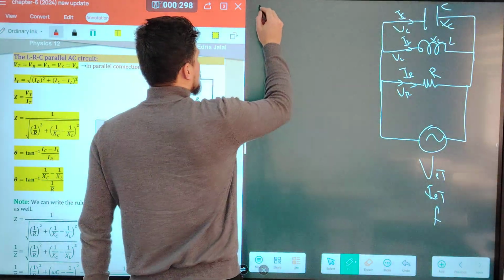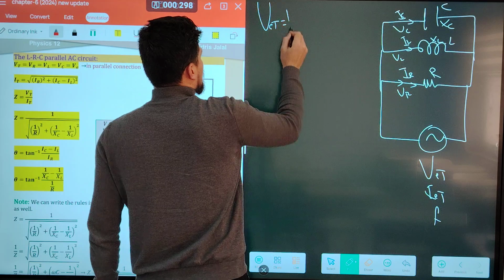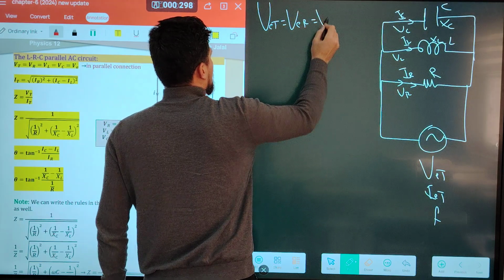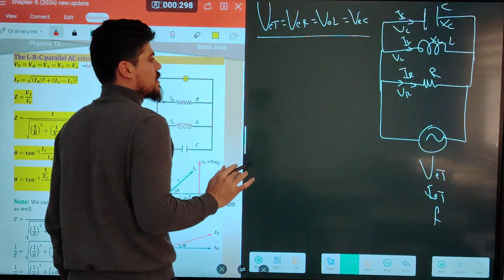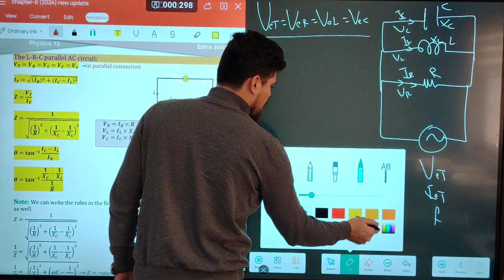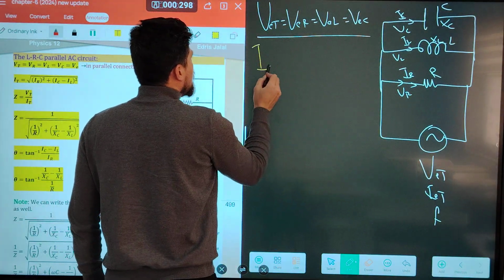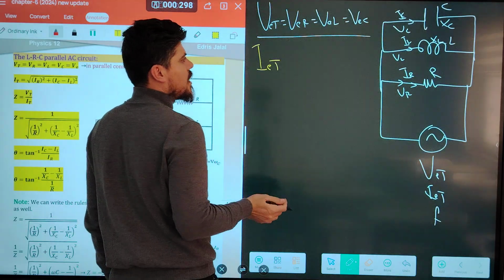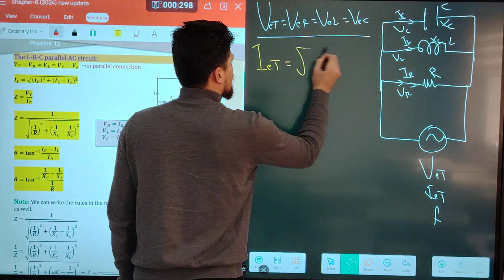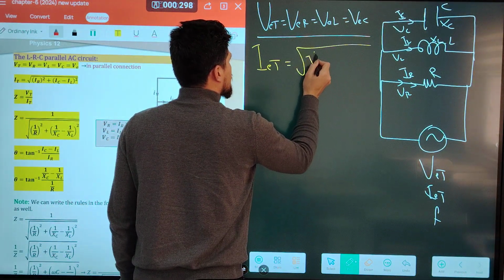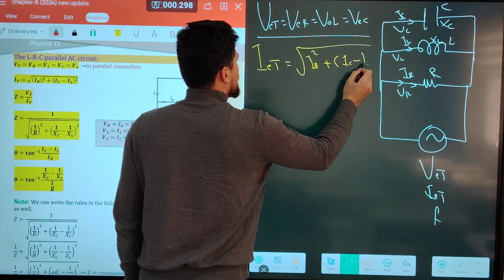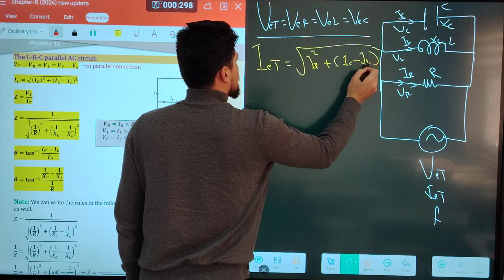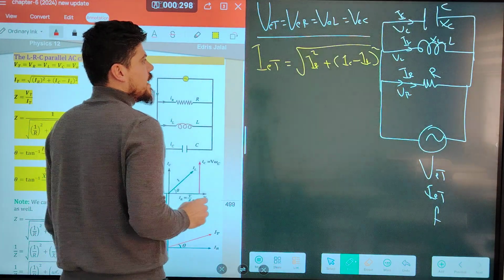In parallel connection, guys, V total is equal to V across R, V across L, V across C. But the current I total is not equal to IR, IL, IC. It is equal to the square root of IR squared plus (IC minus IL) squared. Okay?